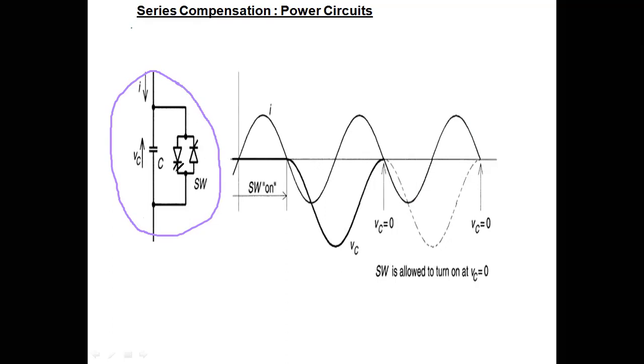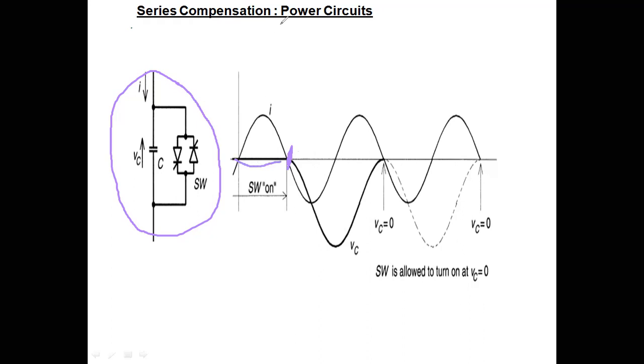This is called natural commutation. Whereas switching on is under our control by giving a gating signal to this thyristor. So here switching on is done at this point. Once it is switched on, it will be bypassed.